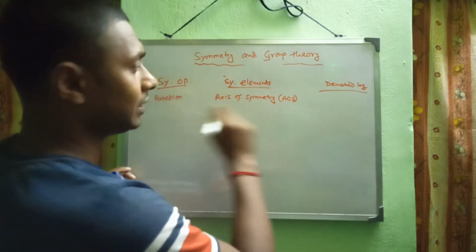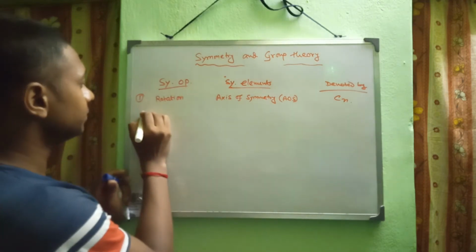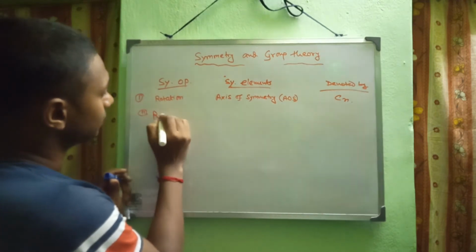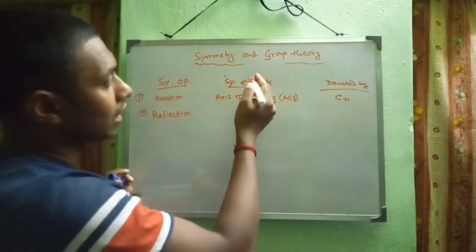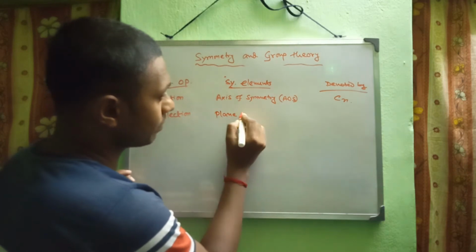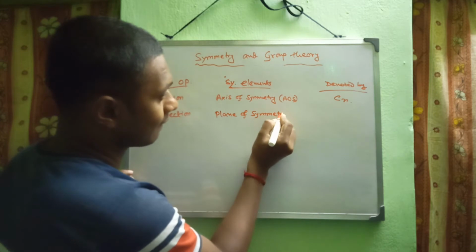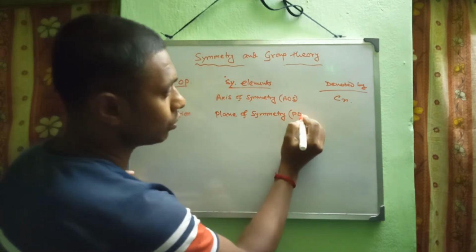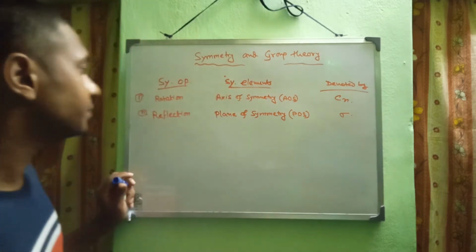Clear? It is denoted by Cn. The second one is reflection, and the corresponding symmetry element is called the plane of symmetry, POS, and it is denoted by sigma.